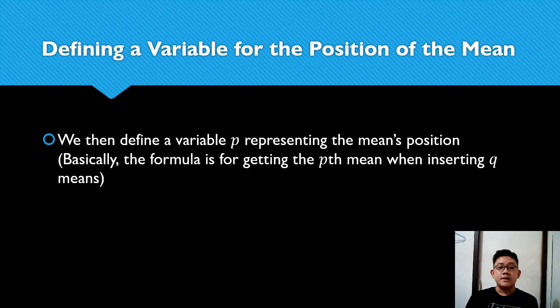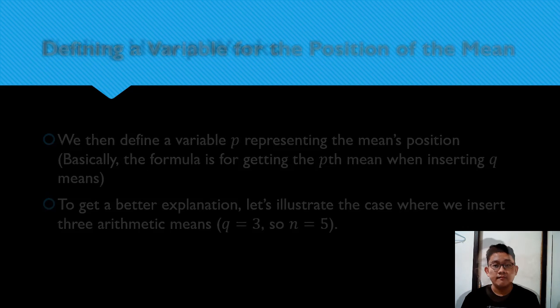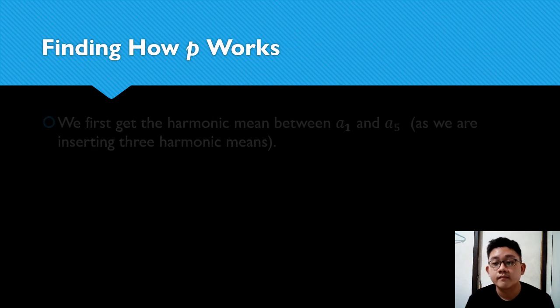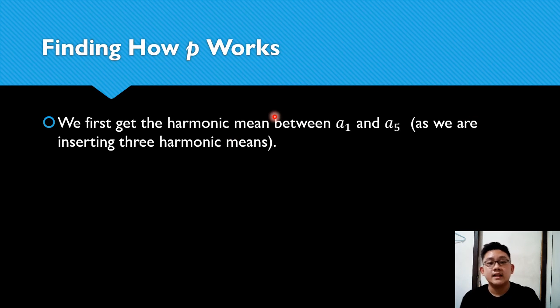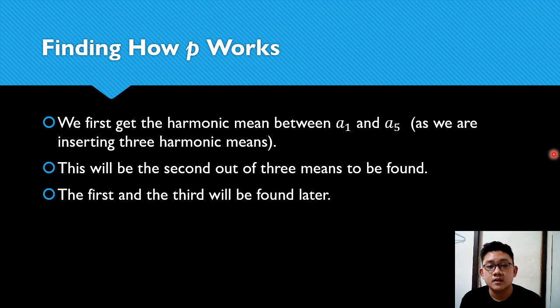Again, we define p, and again, we'll see inserting 3 harmonic means. I don't know why that still reads arithmetic when it's actually harmonic, but the logic should be similar. We first get the harmonic mean between a sub 1 and a sub 5, second out of 3 means.